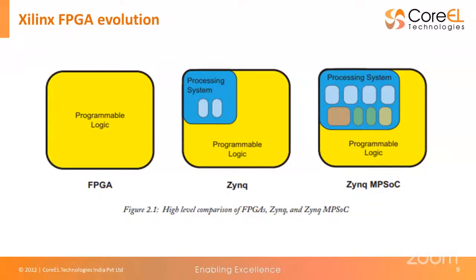What we can observe is that with MPSoC or higher versions of the AMD Xilinx FPGAs, we'll be looking at multi-core processors where you have quad-core APUs, dual-core RPUs, and a dedicated GPU available to you on the board itself.